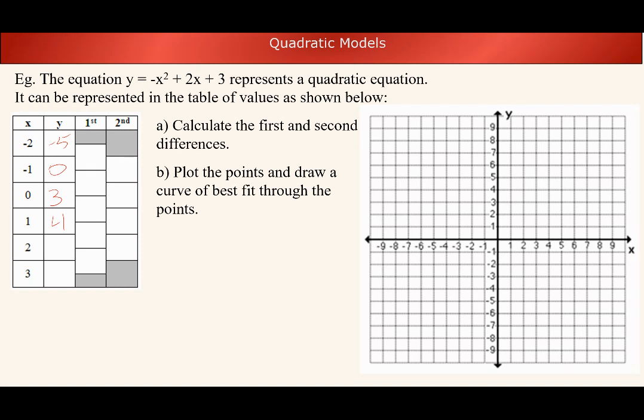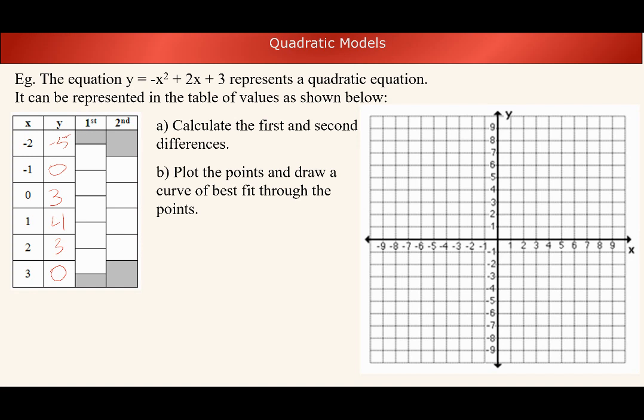When I sub in a 2, my 2 squared plus 2 times 2 plus 3 gives me 3. Back down to 3. And then finally, the last one, it's going to be negative 3 squared plus 2 times 3 plus 3. And that gives me 0, so it's heading back down.